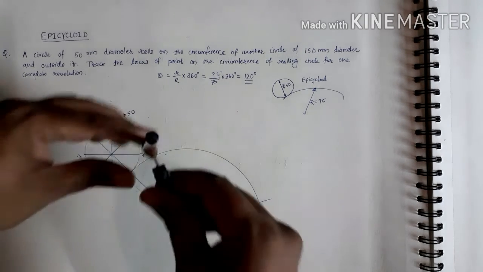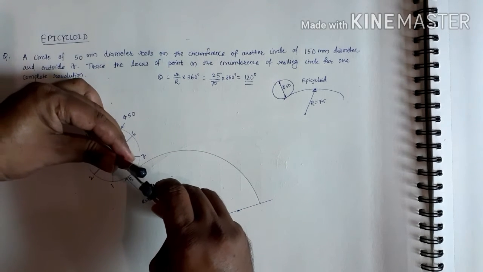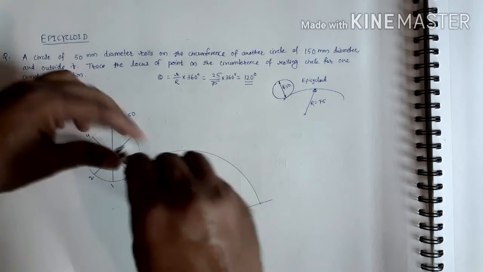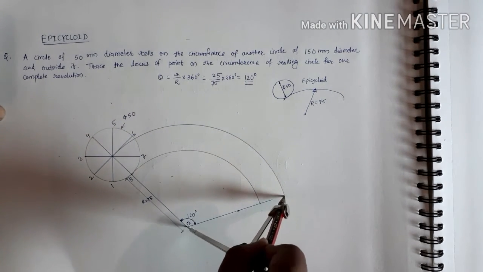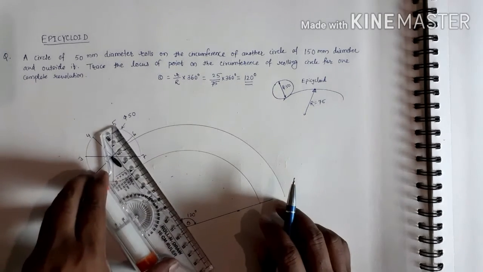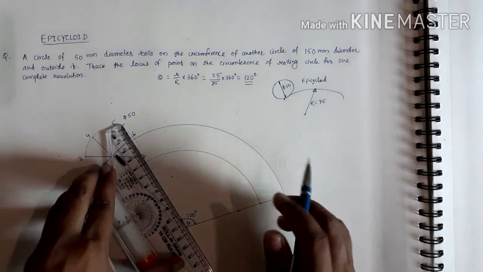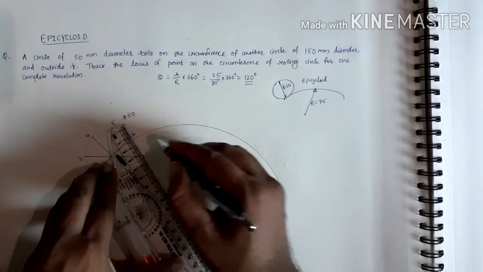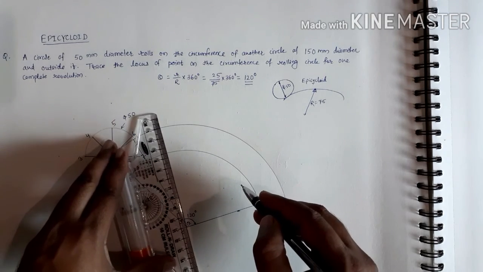Now first draw an arc from the center of the circle, up to the line. Now we have divided all 120 degrees in 8 parts. Now join the lines up to the center arc.